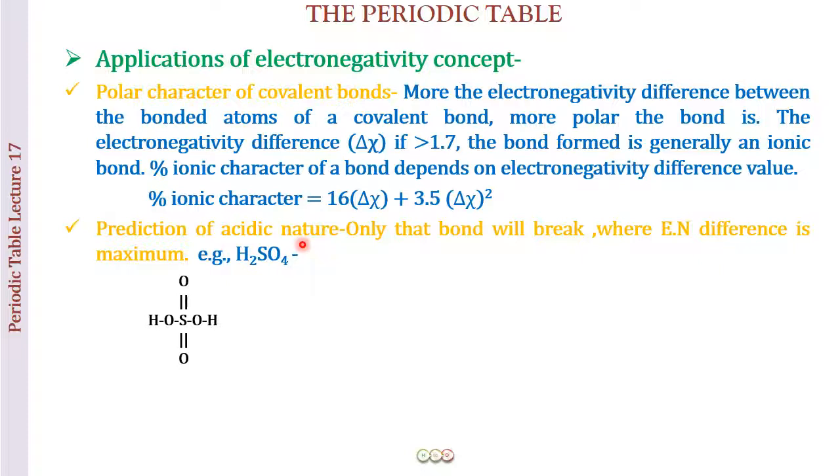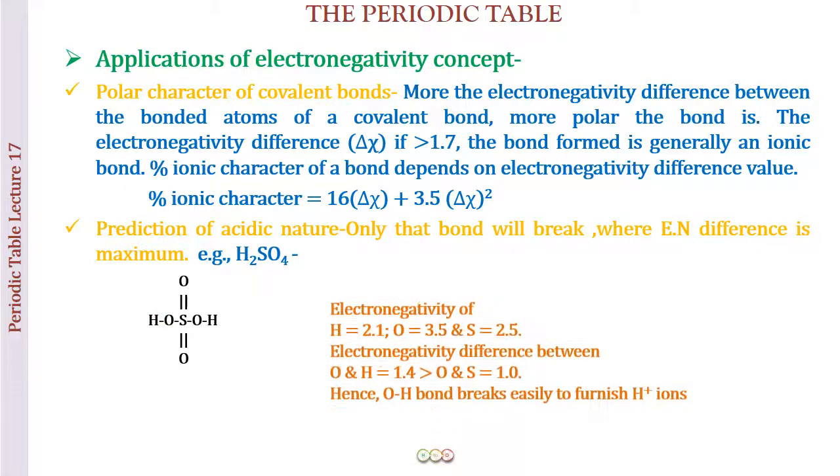Now, how do we explain the acidic nature on the electronegativity concept? Remember that the bond that is going to break will be where the electronegativity difference is maximum. So take the example of H2SO4. This is the structure of H2SO4, in which we have three elements: hydrogen, oxygen and sulfur. Now see the electronegativity of hydrogen, oxygen and sulfur. H has electronegativity value 2.1, oxygen 3.5 and sulfur 2.5.